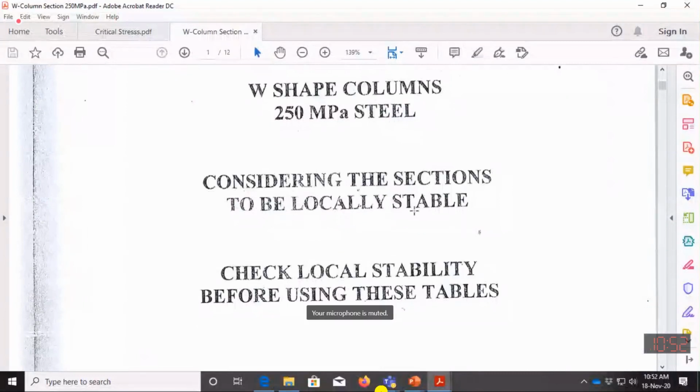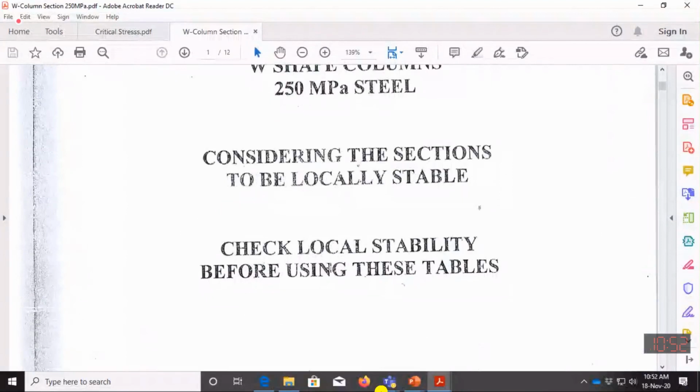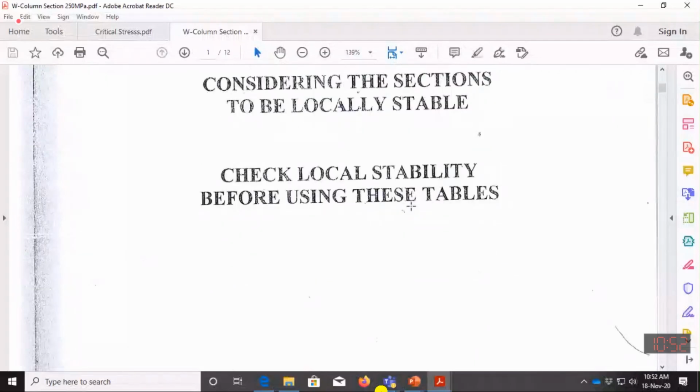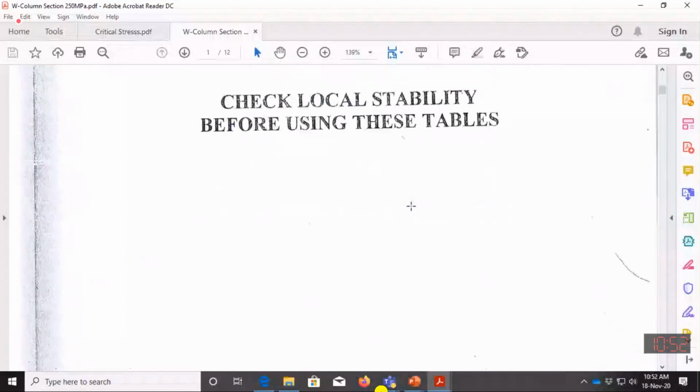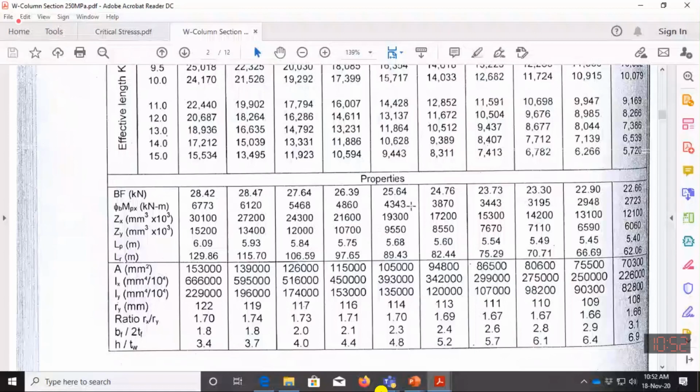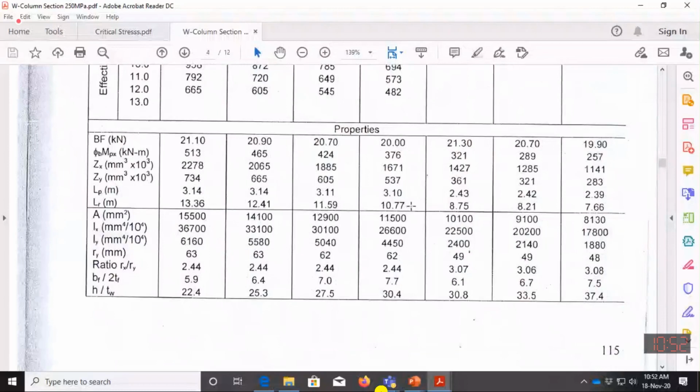Locally stable means that BF over 2 TF value, or the B over T ratio of the flange or the unstiffened element, is less than 15.3 and height of the web over thickness of the web is also less than 42.3. So it means that in this table, all the W sections are locally stable. So I would like to explain this table from any one page. Okay, let's consider this page.